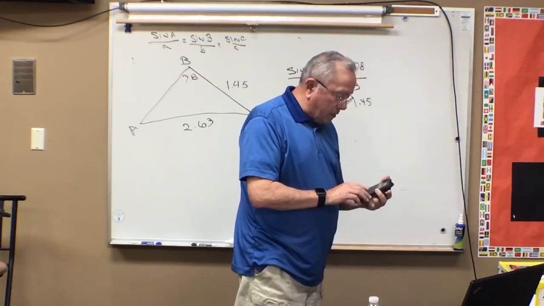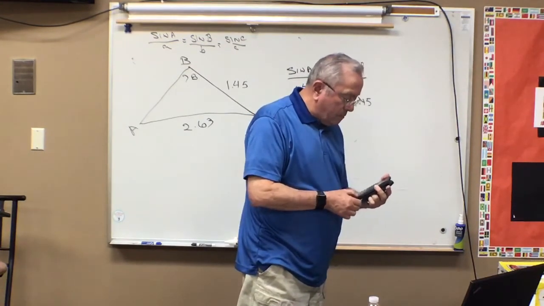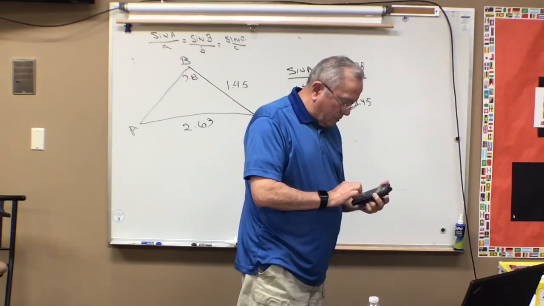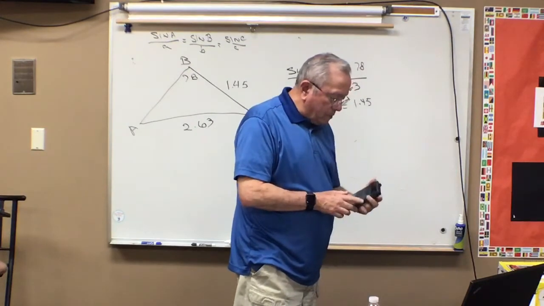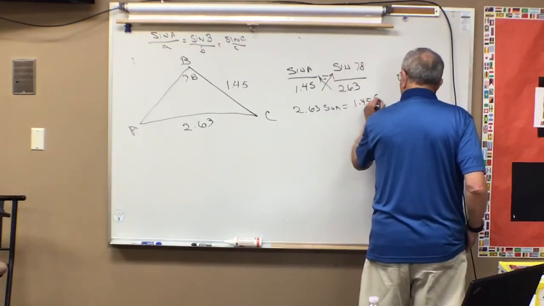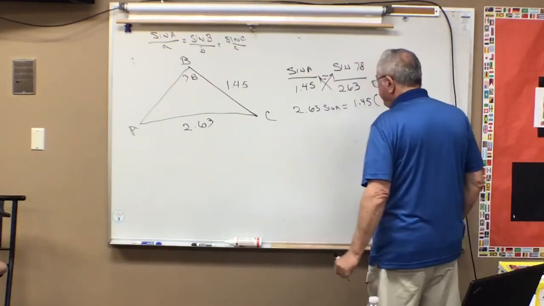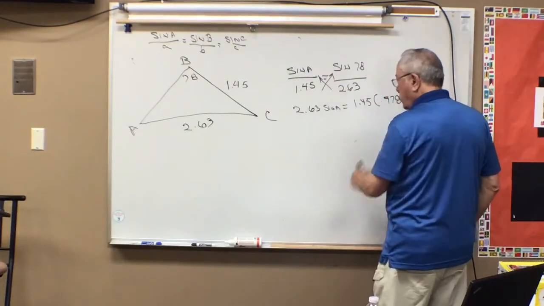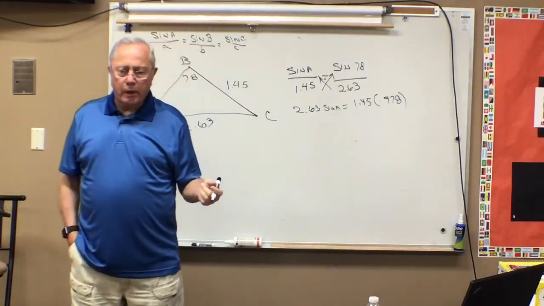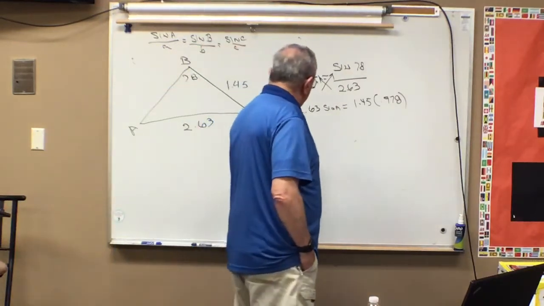All right, so the sine of 78 is 0.978. So now what I need to do is multiply and divide again. Understand all these problems are cross multiplying, and you've done that for a long time, except you're using decimals, aren't I?